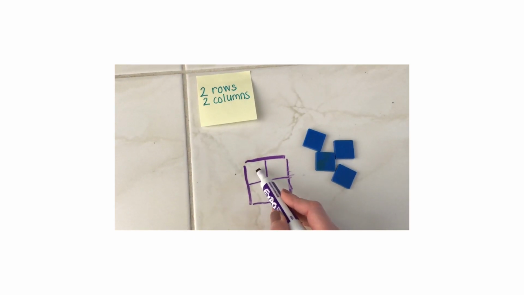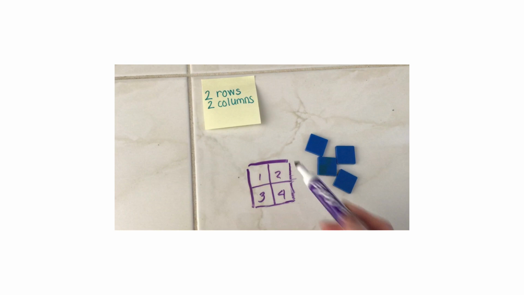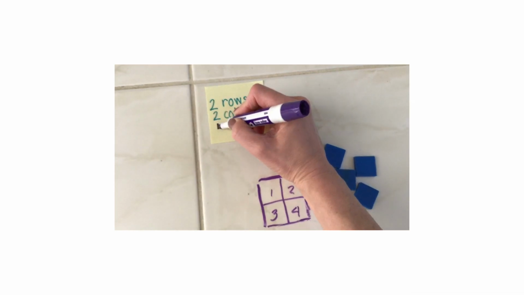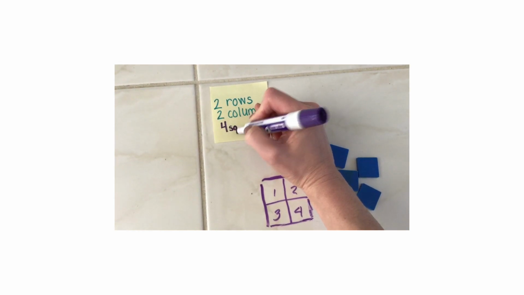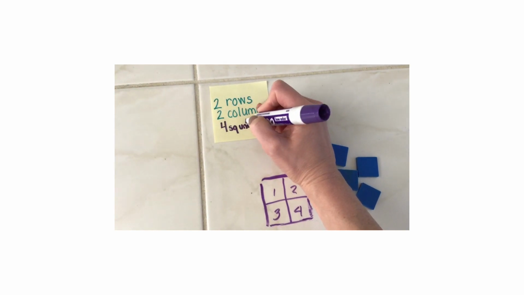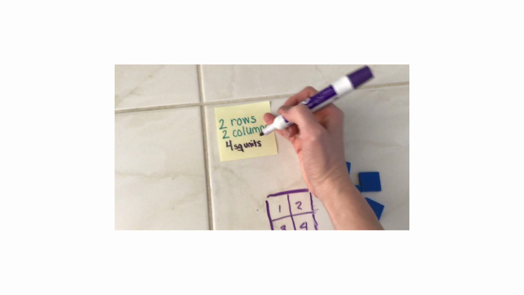And I was able to determine that there were 4 squares on the inside of my big square. So my answer would be 4 square units. That's how I would write my answer. And SQ stands for squared, and then I have units.